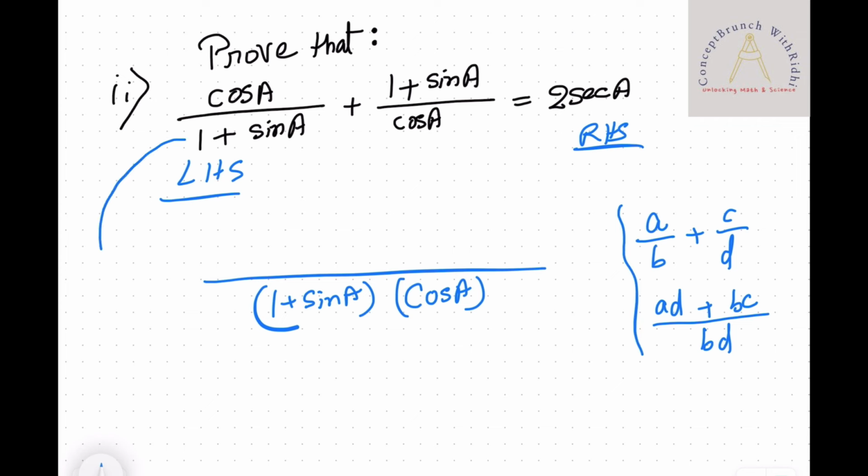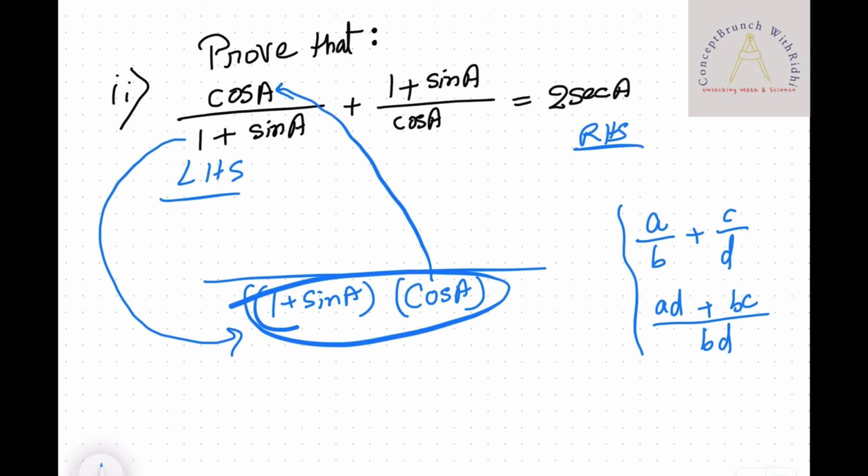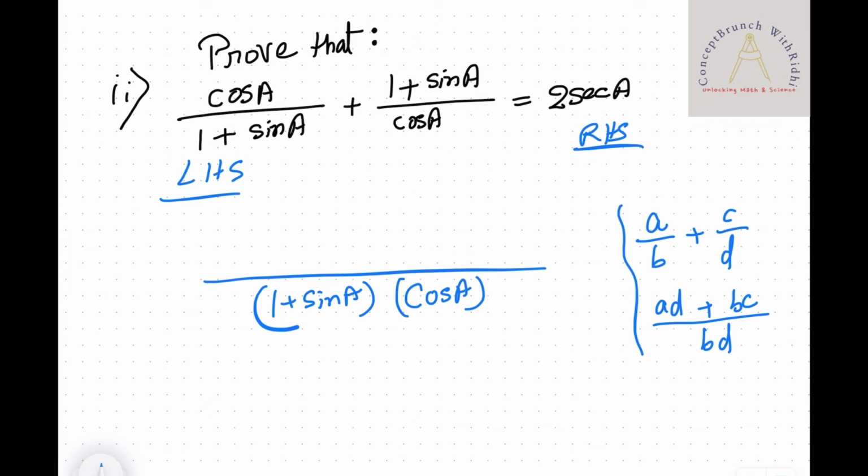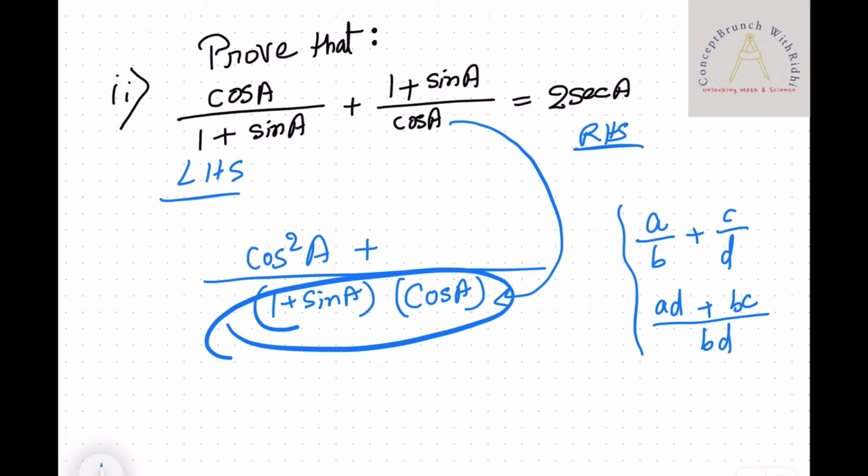Now we'll divide the whole thing by 1 plus sine A. What is remaining? Cos A, and we'll multiply this cos A with this cos A, so it will become cos square A. Is that clear? If not, just move it back. Similarly over here, what will we do? We'll divide the whole thing by cos A. So cos A cancels.